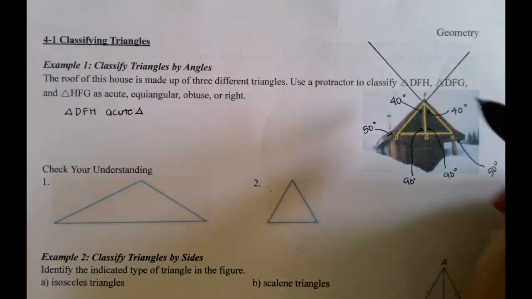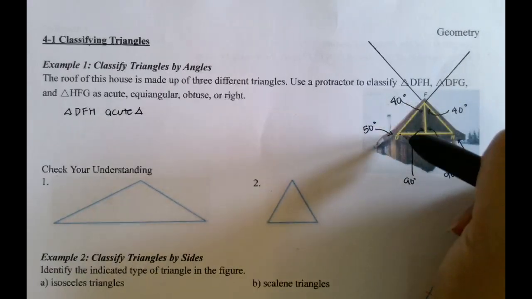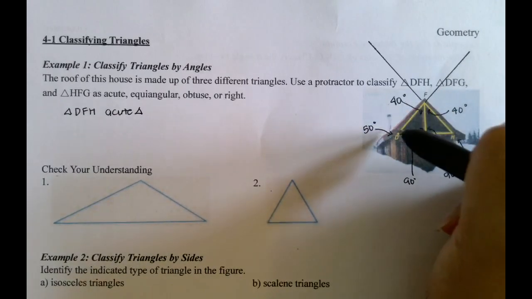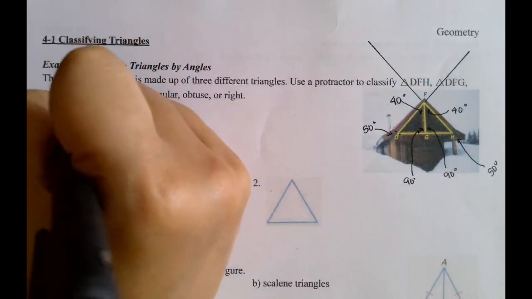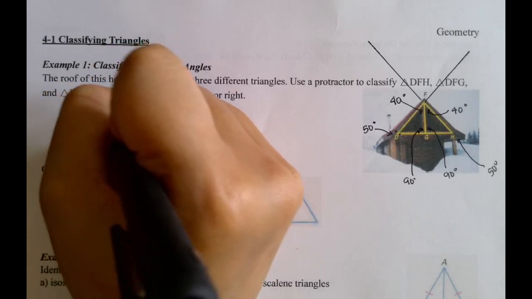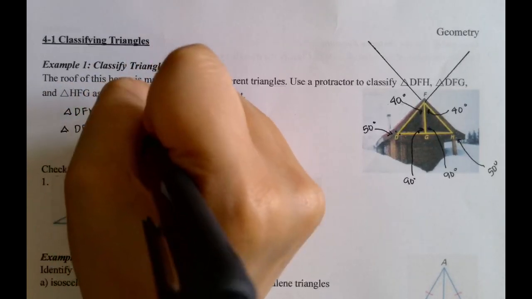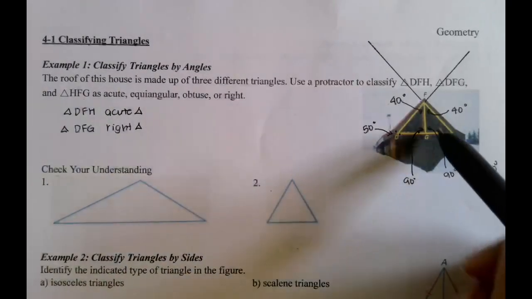The next one here is DFG. So DFG is this one here on the right. Okay, so then it's 40, 50, and 90. And then because there's one 90-degree angle, that would make DFG a right triangle. And then the other one is HFG, which is this one.